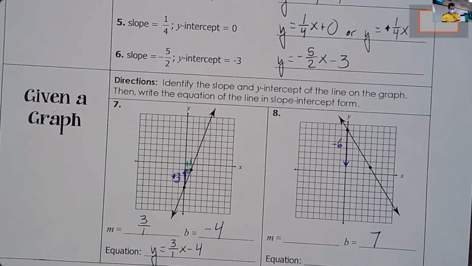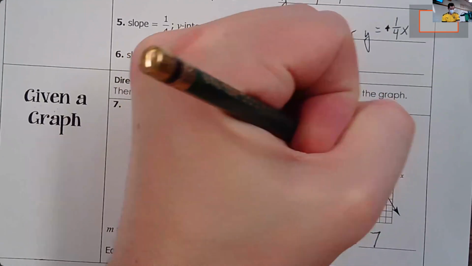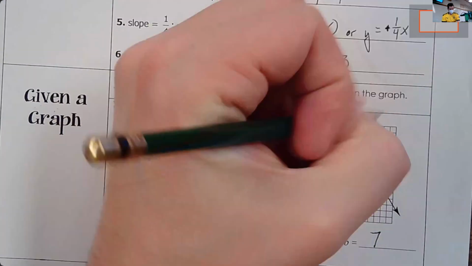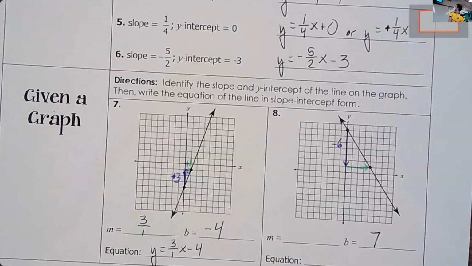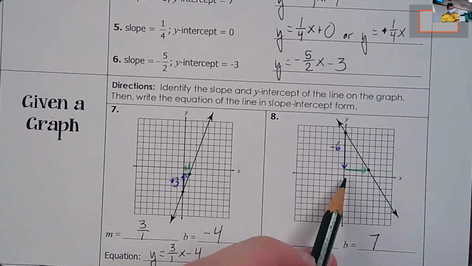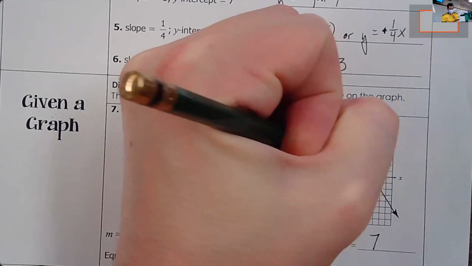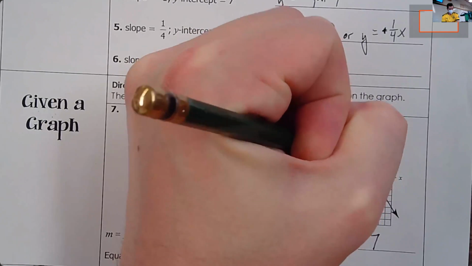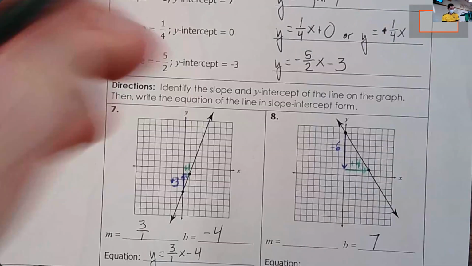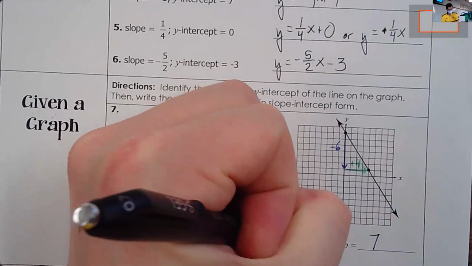And how far over? 4. So plus 4. Because the run is always from left to right. So this run, this second number, is always going to be a positive number. So rise over run, we're going to have negative 6 over 4.